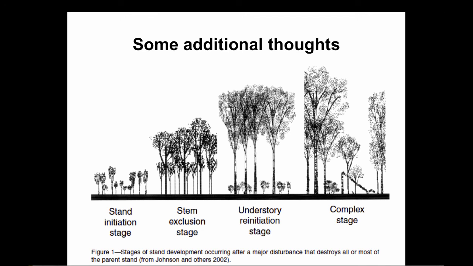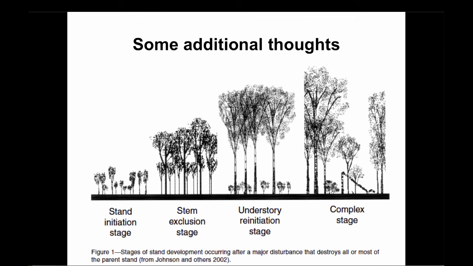And over time, there's going to be winners and losers, and eventually those winners are going to die, which then means that we have gaps in the canopy, it opens up, or maybe we've reintroduced fire that knocks some of those small stems back, and we enter into an understory reinitiation stage, where now we have small trees, seedlings and saplings, that are then going to enter into the canopy.